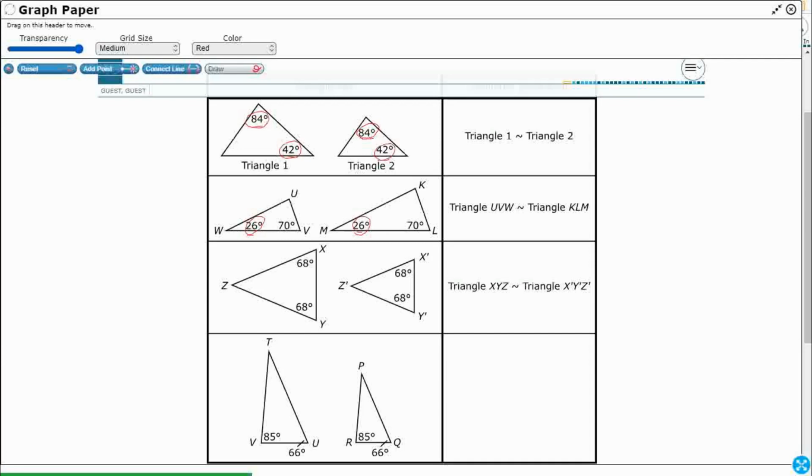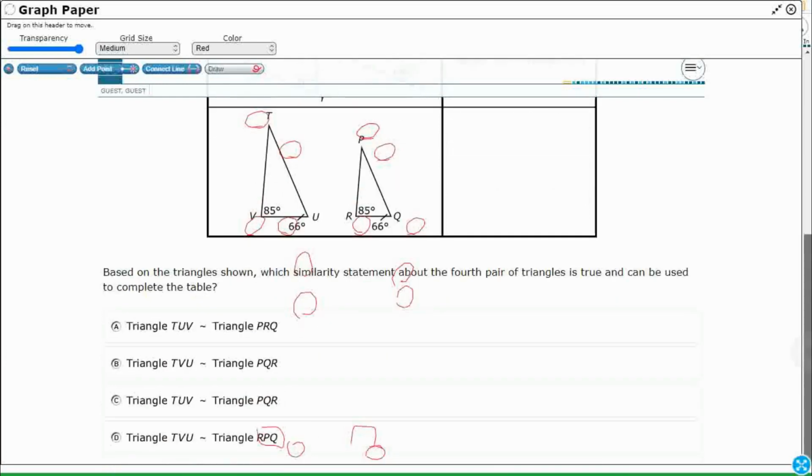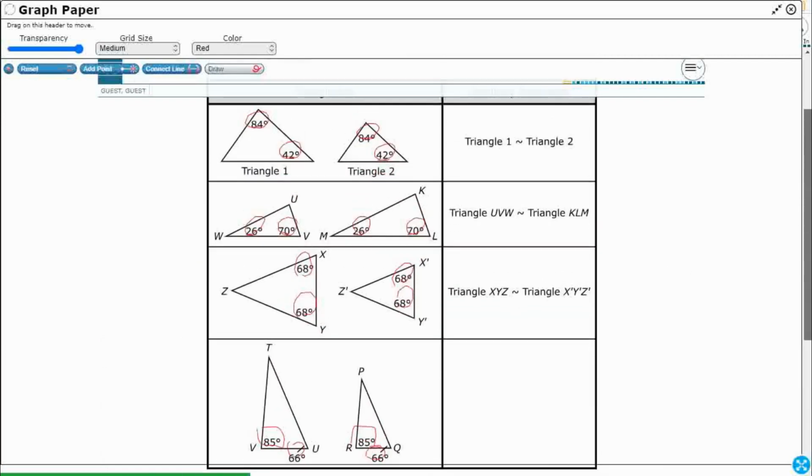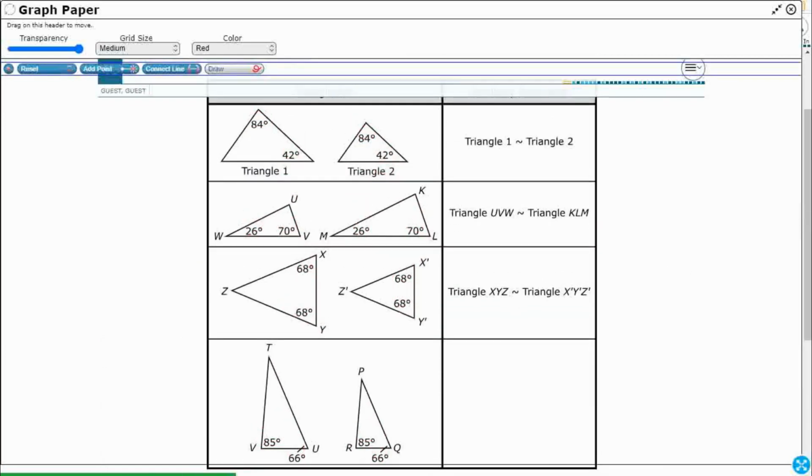So the angles are identical: 68, 68, 68, 68. And then we've got this 85, 85, 66, 66. So similar triangles are going to have different side lengths, but identical angles. But there's nothing down here about the angles, so that might not be what we need to learn. Really, what they're focusing in on are the letter names. So let's take a look at that, see if that helps us.